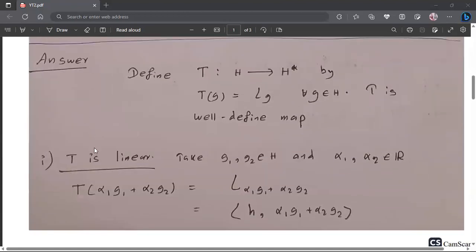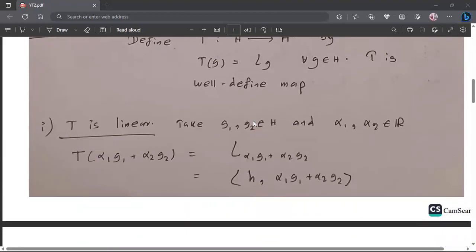Now we have to prove that T is linear. There are three conditions that should be satisfied. T should be linear, bijective, and an isometry in order to prove that H and H star have the same structure, or rather, that they are isometrically isomorphic.